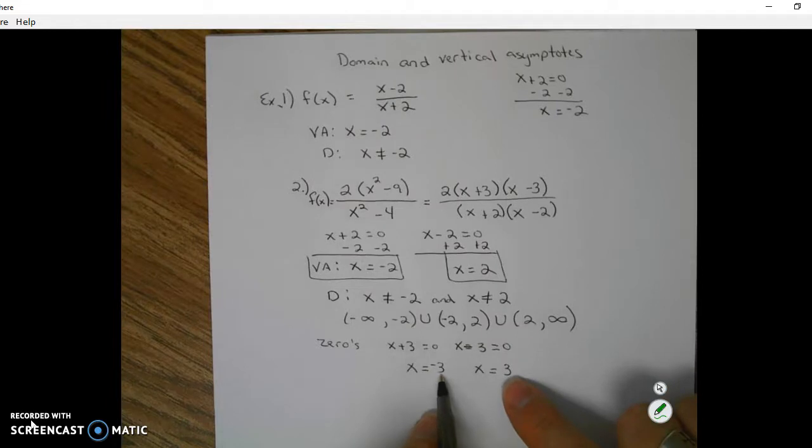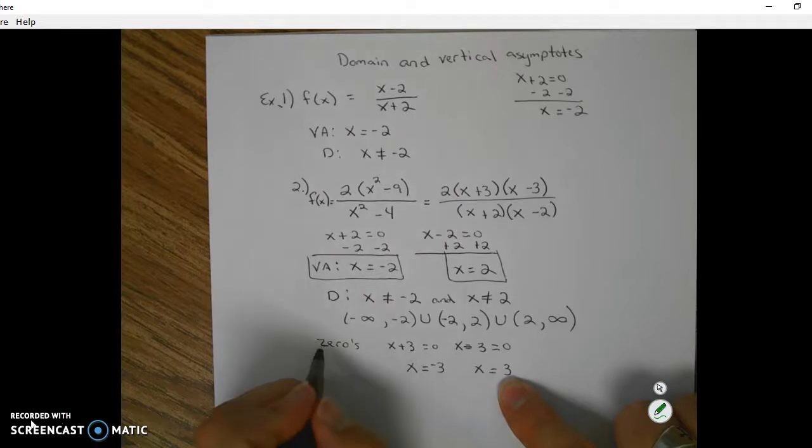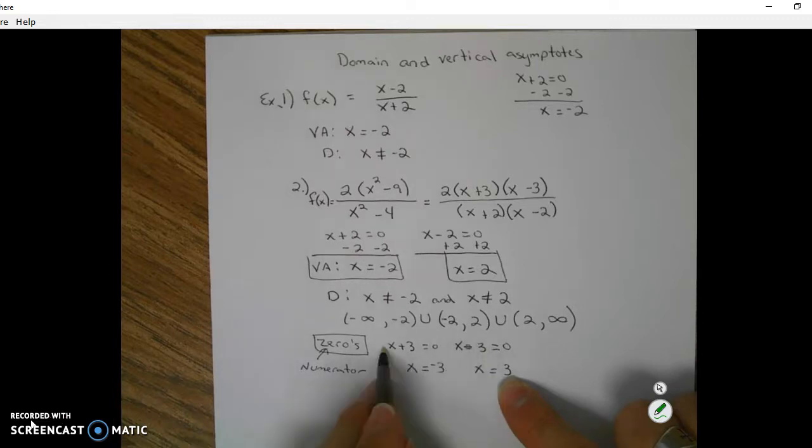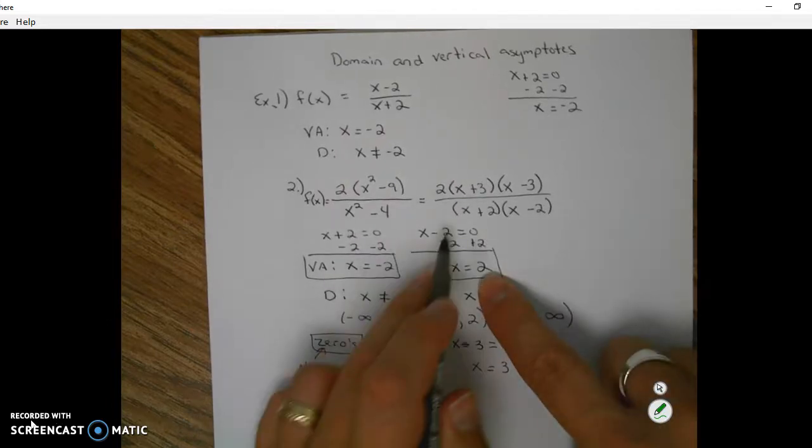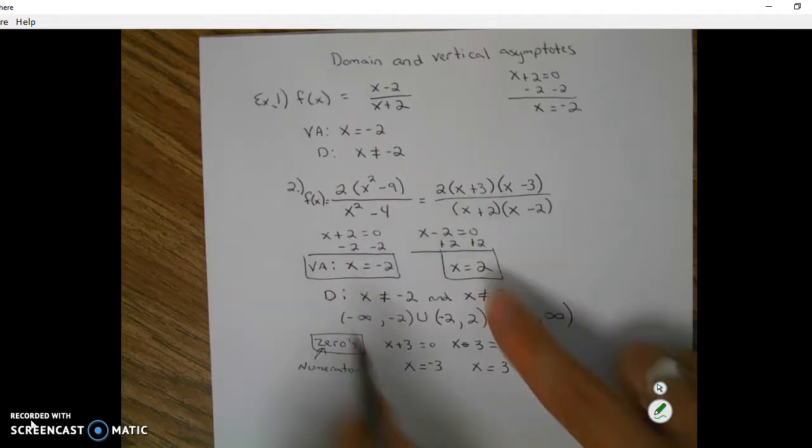So at these two numbers, that's where the graph would cross the x-axis. So remember, with the zeros, it's the numerator factors that will give you the zeros. Okay? The vertical asymptotes, it's the denominator factors.